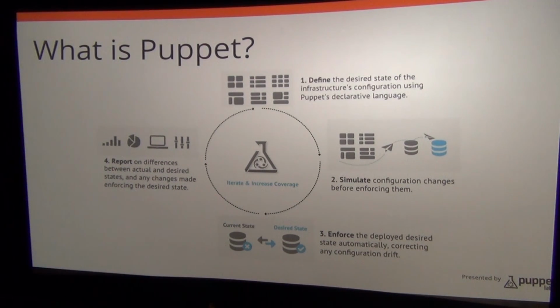Then you can put Puppet in an enforcing mode, and it will automatically correct for any configuration drift. And finally, one of the things that's really important about Puppet is that it will report on configuration changes that it made, which is really important for auditing, and also just for knowing what's in your environment.